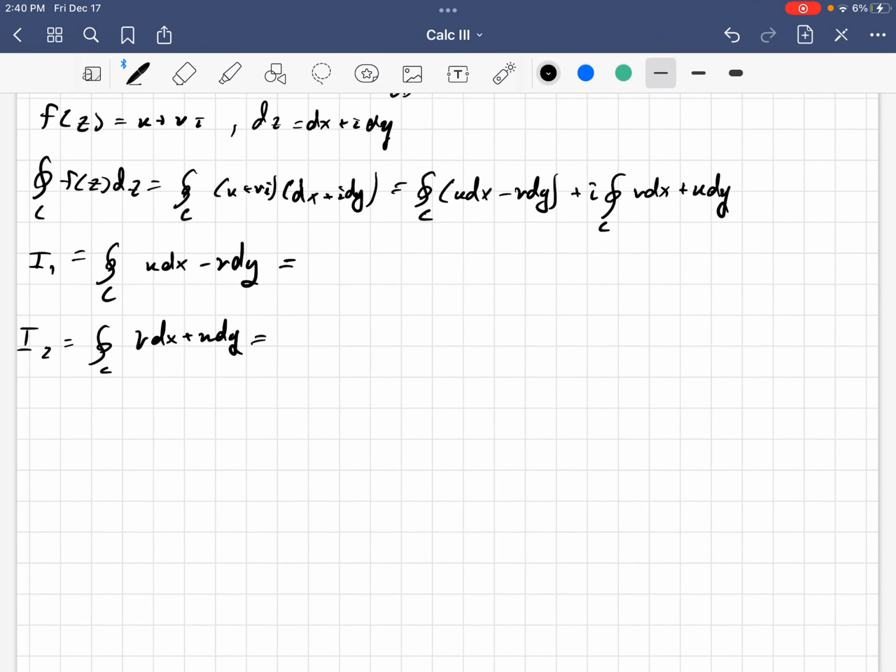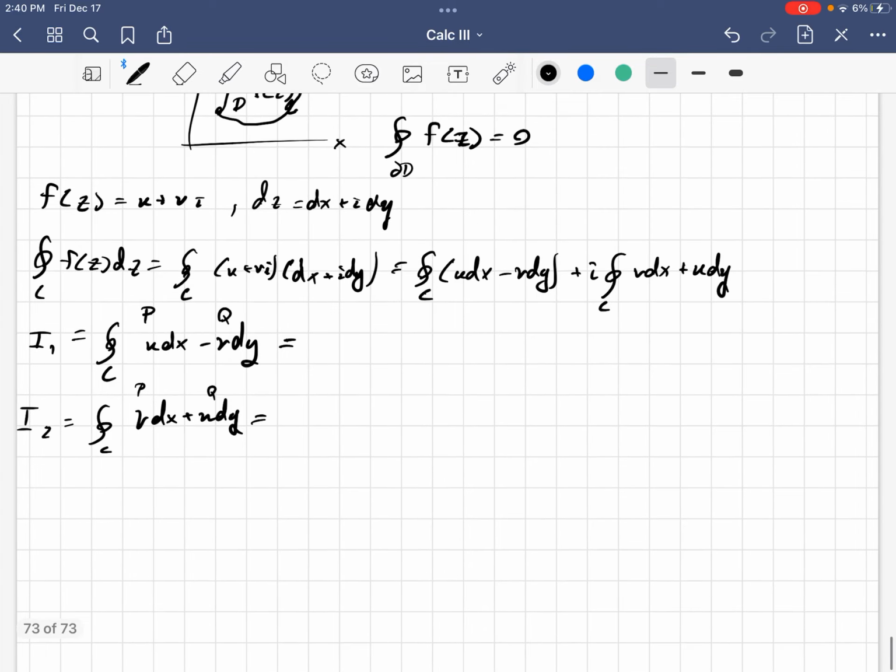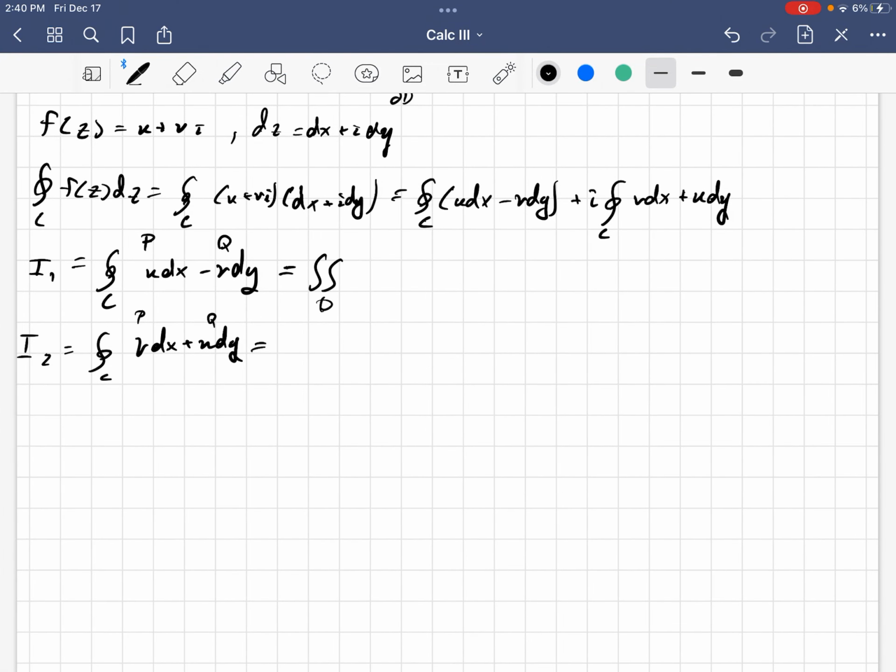Anyway, so when we use Green's theorem, this is like P and Q of our vector field. And so we get the double integral over the region D of the partial of Q with respect to x, which is the partial of v with respect to x, minus the partial of P with respect to y, which is the partial of u with respect to y, dA.